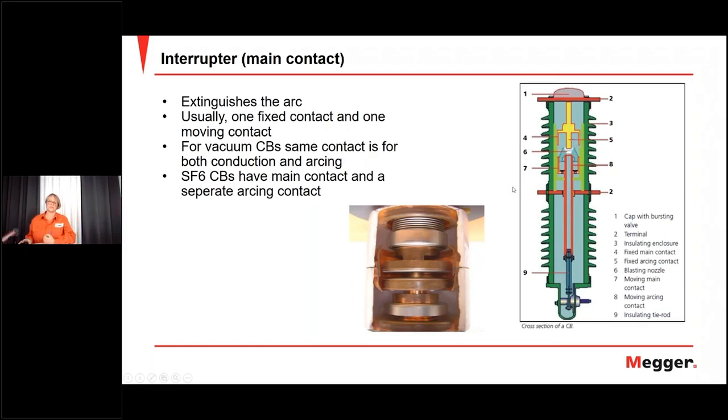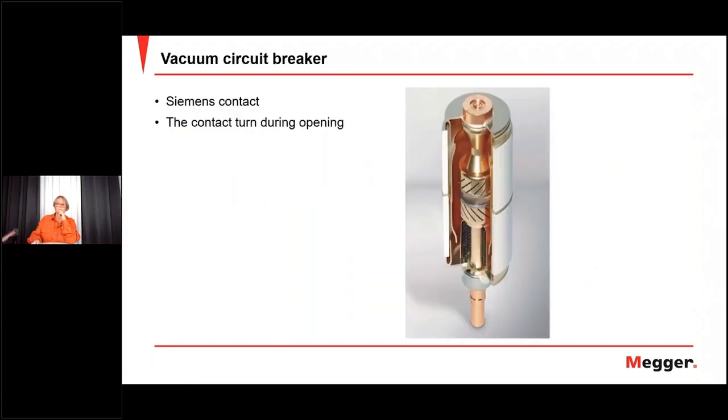But as I said, SF6 breakers have a main contact and an arcing contact on each side. And here is another vacuum circuit breaker contact, and this breaker actually turns also when it moves together and separates. That's an easy way to open the breaker to not get any arcing.